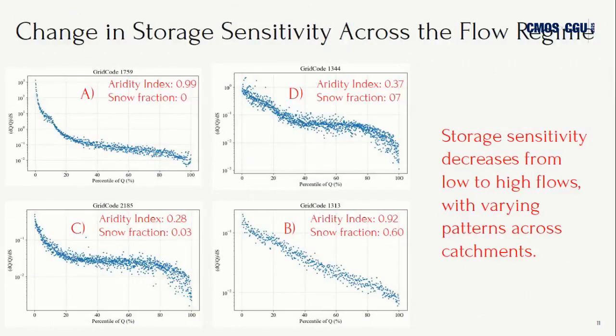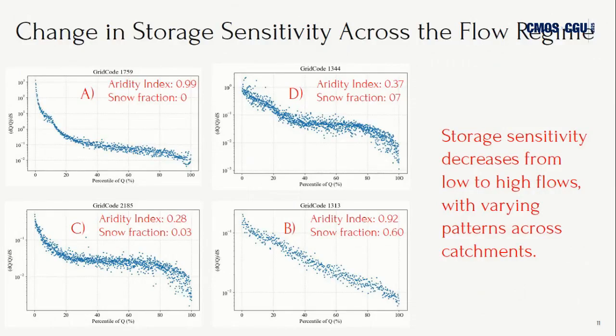The other question we might ask is how the sensitivity of discharge to storage changes in each catchment across different flow regimes. Here I have 4 examples of catchments from different regions.